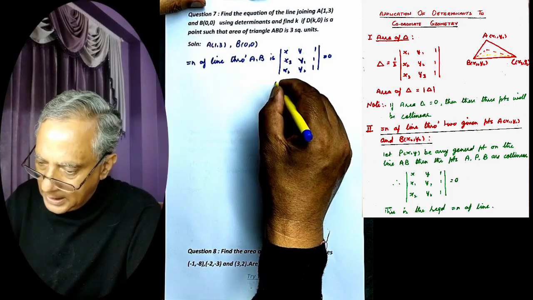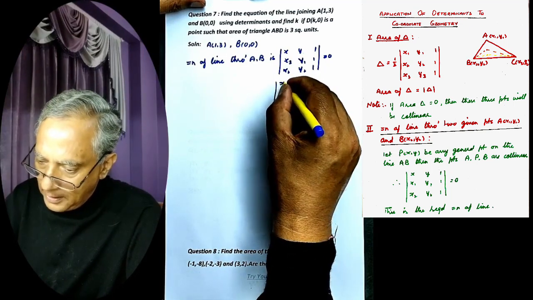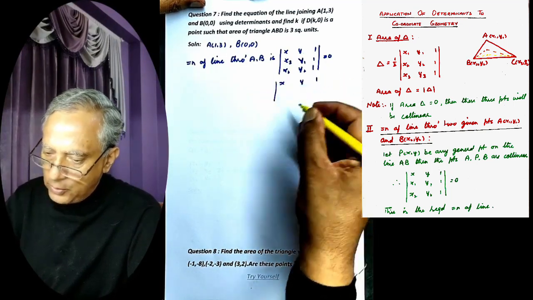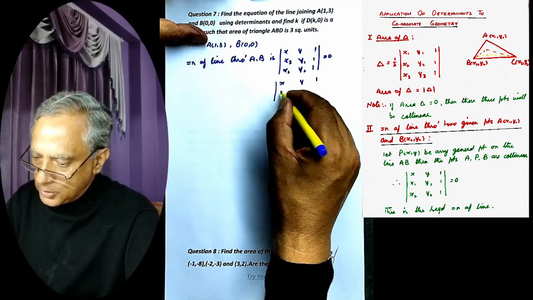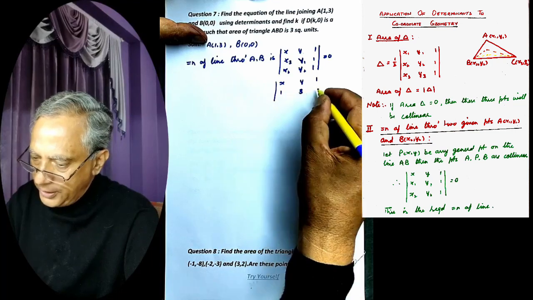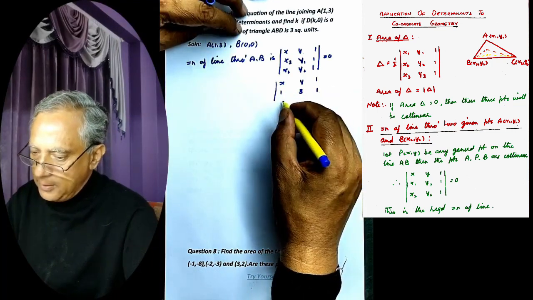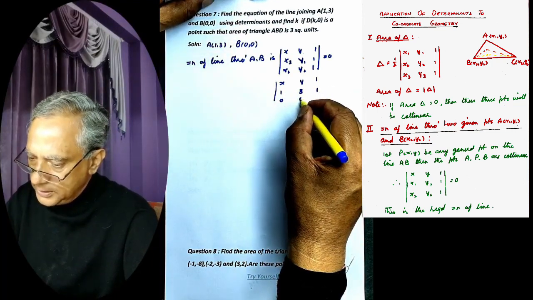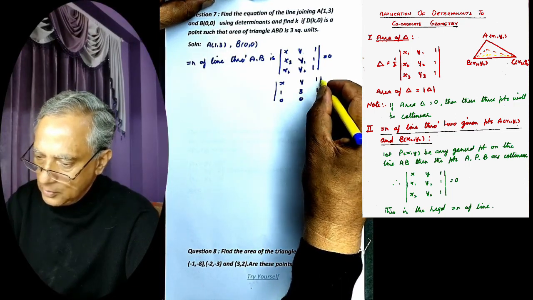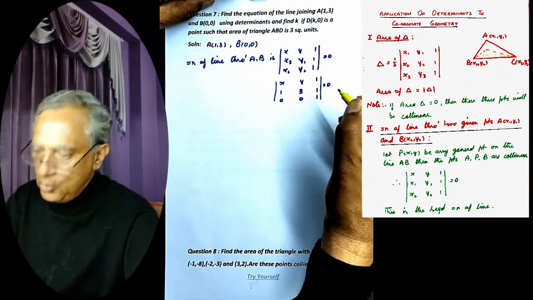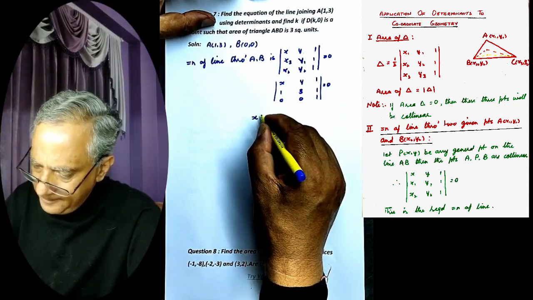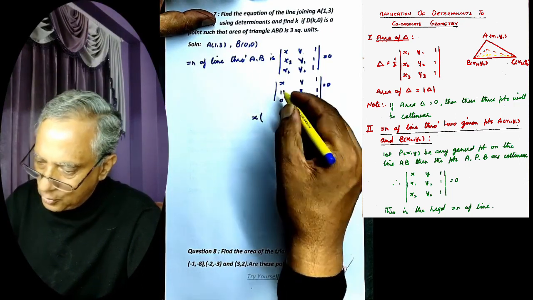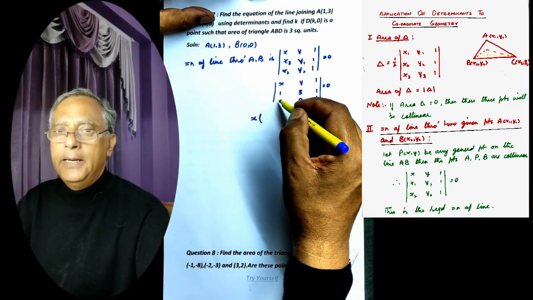So here the points are, this is the general point x, y, 1, and the first point is 1, 3. So x1 is 1, y1 is 3, and this is 1. The second point is 0, 0, 1. This is equal to 0. On expansion, we expand this determinant from the first row.